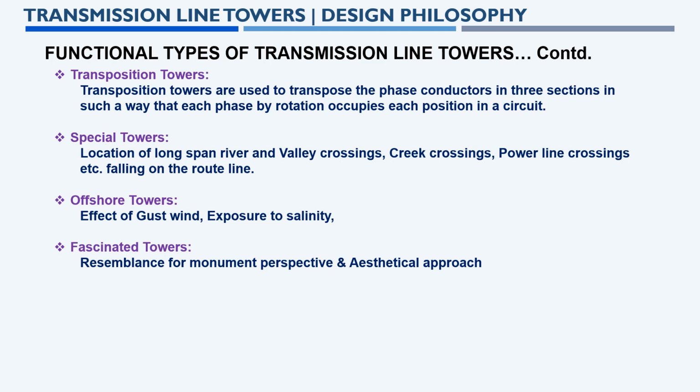Similarly, offshore towers, where gust wind and exposure to salinity are to be considered, are a special kind of tower we call offshore towers. And fascinated towers resemble something from real life, for example a humanoid, a reindeer or any beast kind of fascinated view. This kind of tower we call fascinated towers.